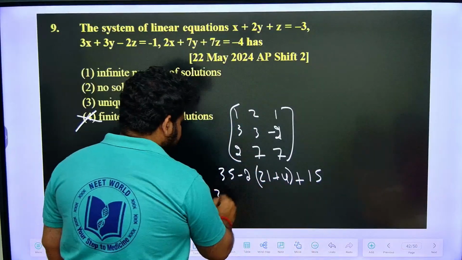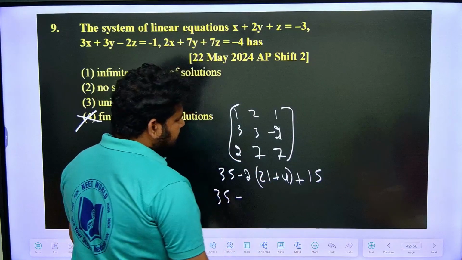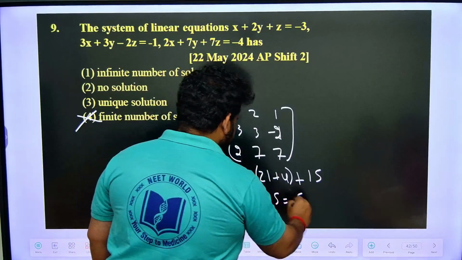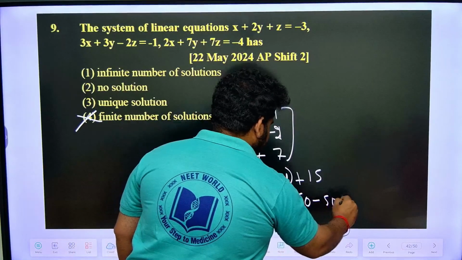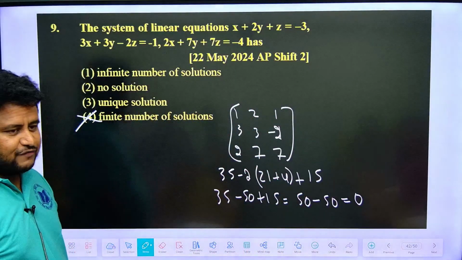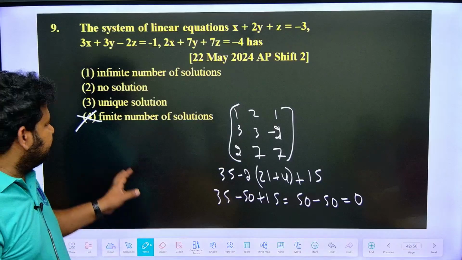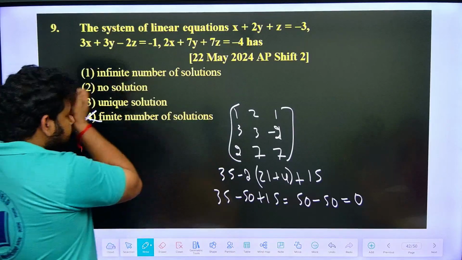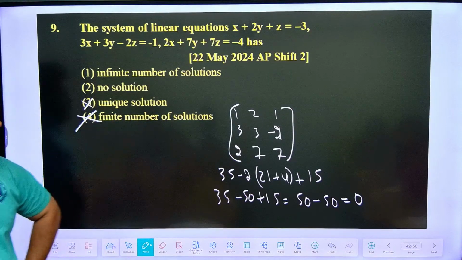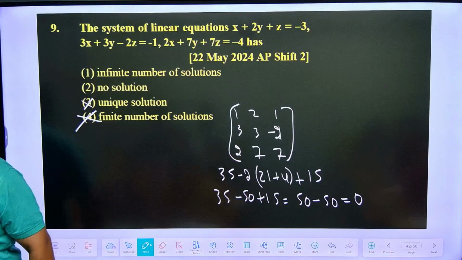Please focus. 35 minus 21 plus 4 is 25. 25 into 2 is minus 50, plus 15 and so on, so we are getting 50 minus 50, which is equal to 0. Now we will find one of the deltas. Definitely the unique solution is removed. Now check whether it is no solution or an infinite number of solutions. What is the answer? Try this.